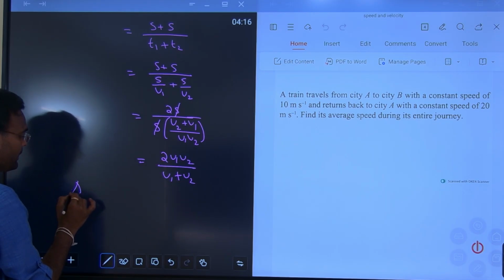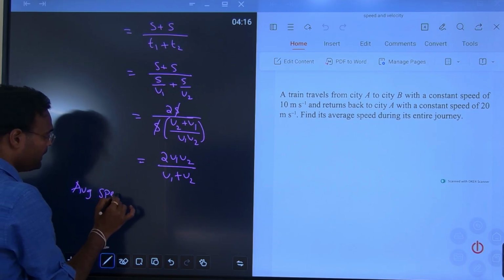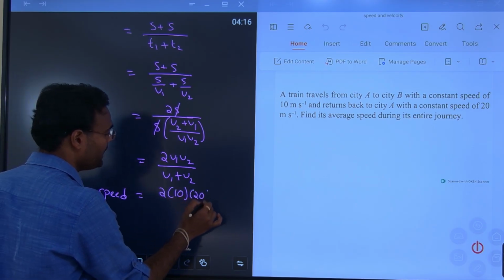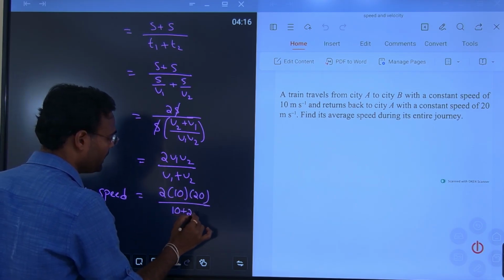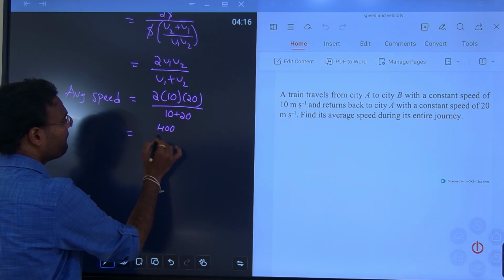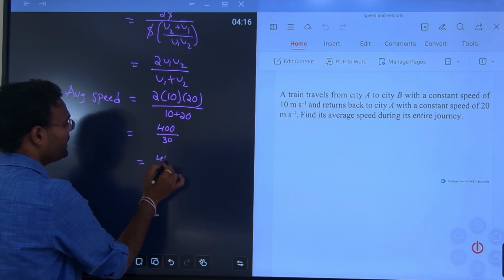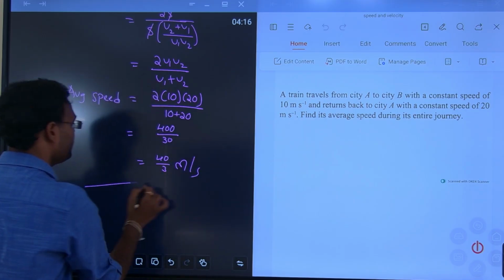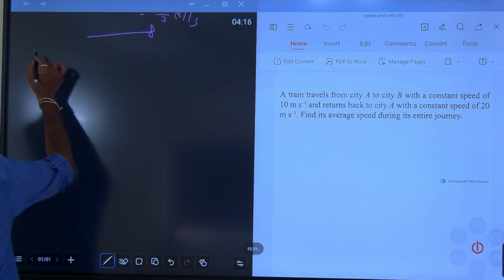So average speed is equal to 2 into 10 into 20 by 10 plus 20, that is 400 by 30 or 40 by 3 meter per second. This is the answer.